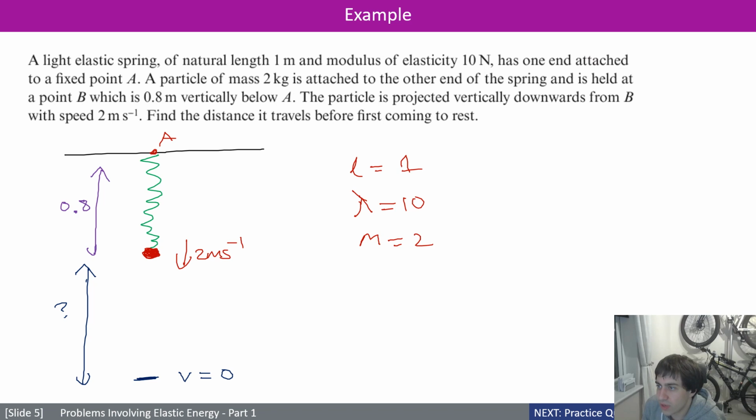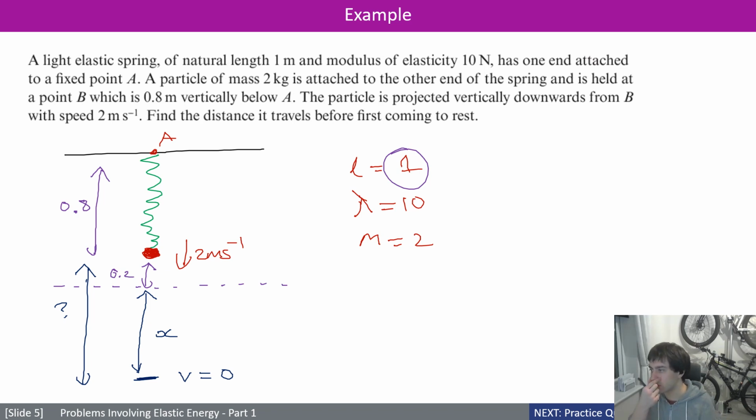So the natural length is going to be at a point around about here. Remember, it's 1. So that means you've got a distance between where the object starts and the natural length of 0.2. And now we're just going to call this extra mystery distance x. Okay, and then we'll use that x as an extension.